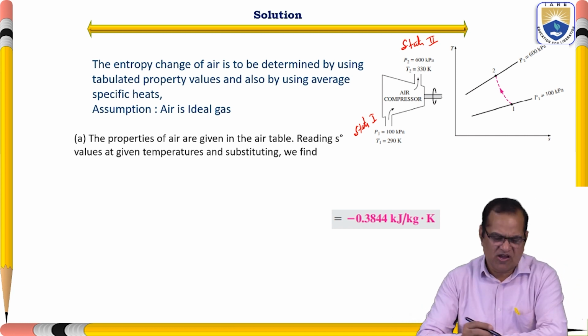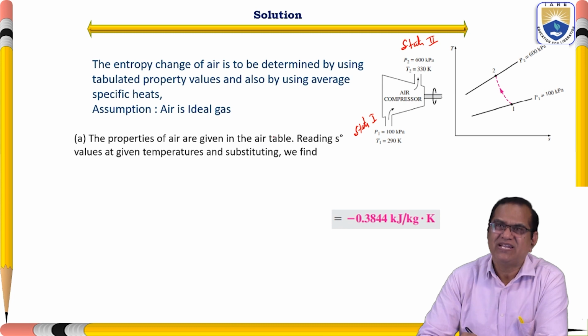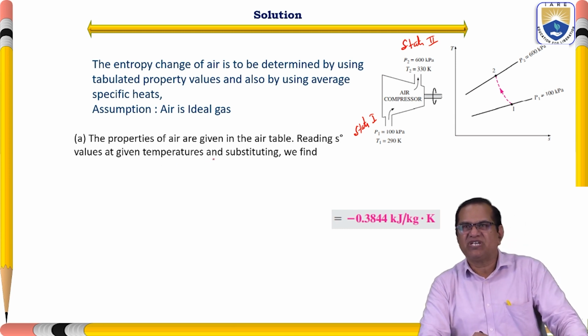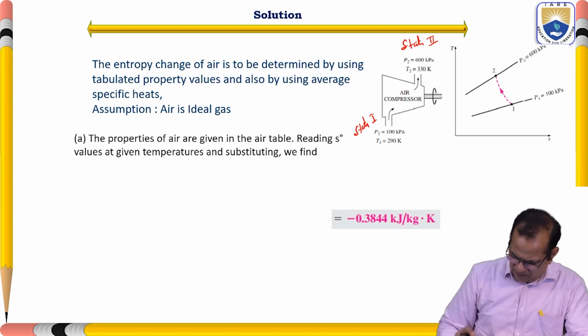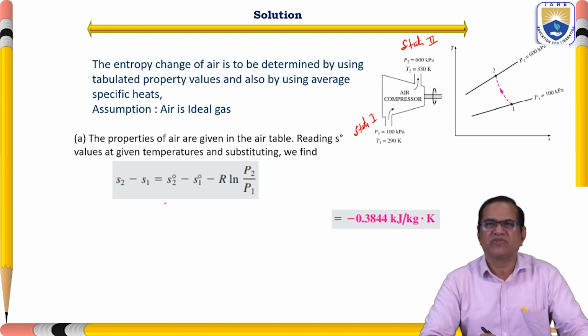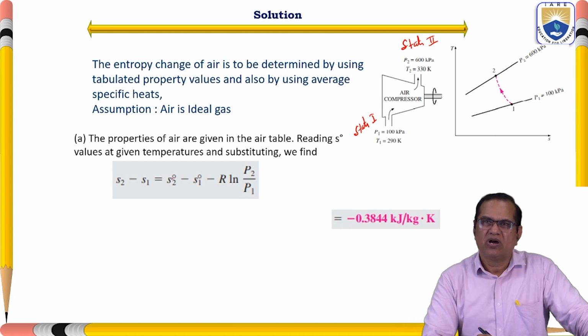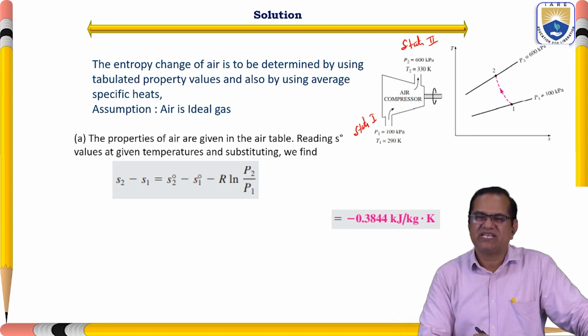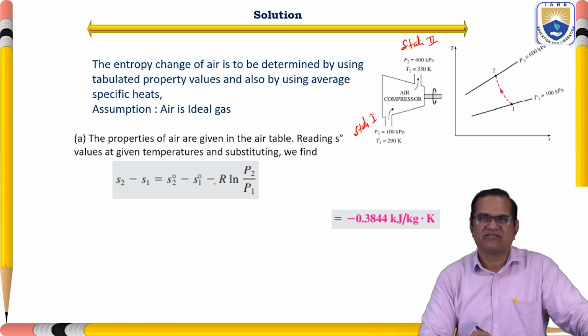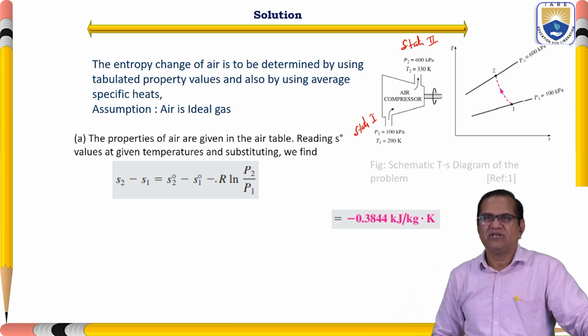The properties of the air are given in the air table. Reading s values at a given temperature and substituting, we find that s2 minus s1 is equal to s2 naught minus s1 naught minus R ln P2 by P1. This is the equation for s2 minus s1.